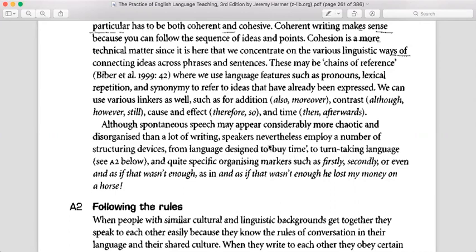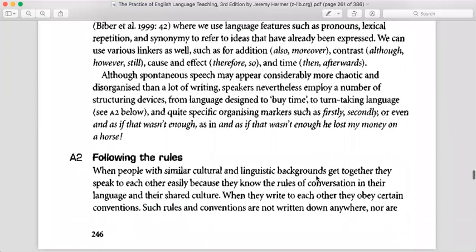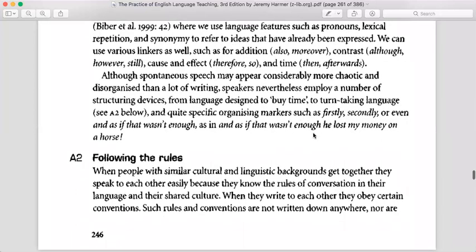Speakers, when they are speaking, may employ a number of structuring devices, and they can buy time. There can be pauses, there can be silence, and then they have to take care of turn taking, right? And they can use such markers as firstly, secondly.